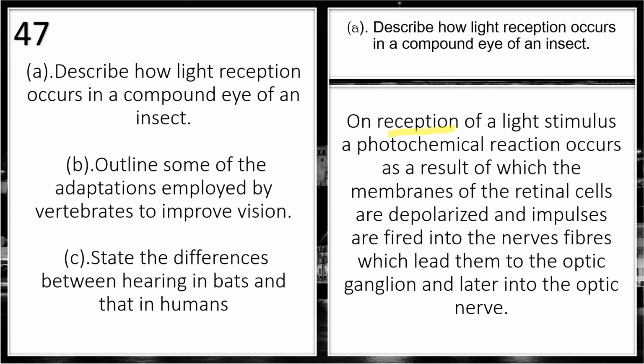On reception of light stimulus, a photochemical reaction occurs, as a result of which the membranes of the retinal cells are depolarized and impulses are fired into the nerve fibers, which lead them to the optic ganglion and later to the optic nerve.